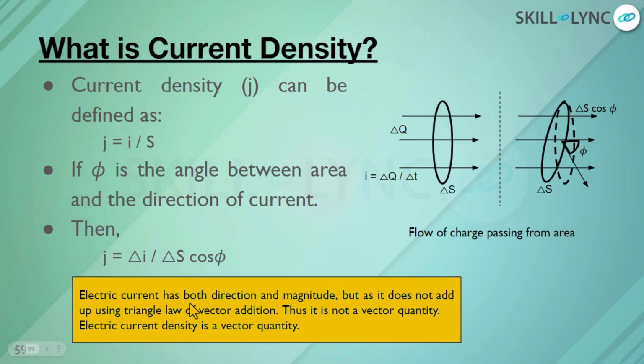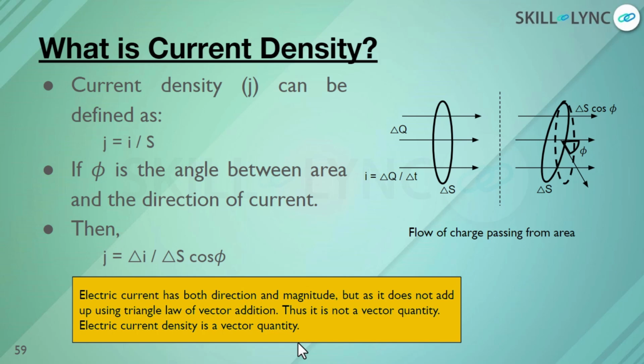Electric current has both direction and magnitude, but as it does not add up using the triangle law of vector addition, it is not a vector quantity. Electric current density is a vector quantity. This point is to be noted: electric current is a scalar quantity.